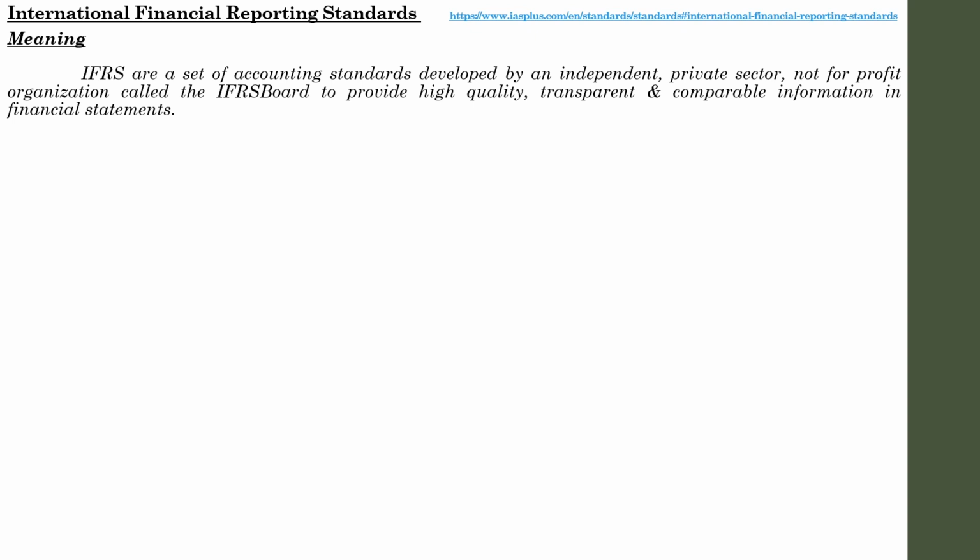That is the real meaning of IFRS. The goal of IFRS is to provide a global framework for companies to prepare and disclose their financial statements. IFRS provides general guidelines for the preparation of financial statements rather than setting any accounting rules.